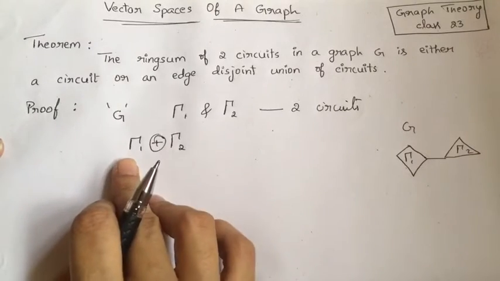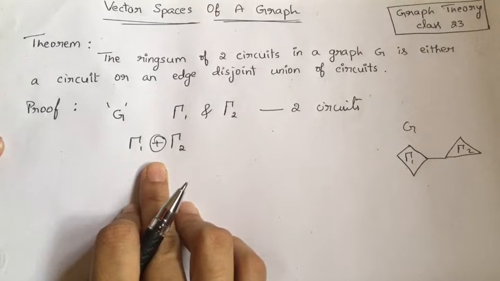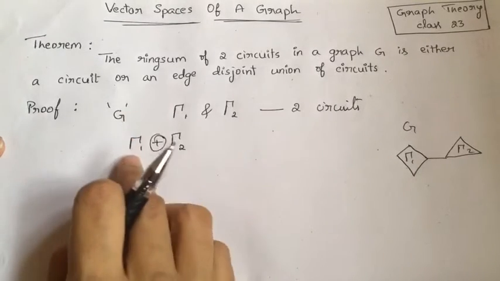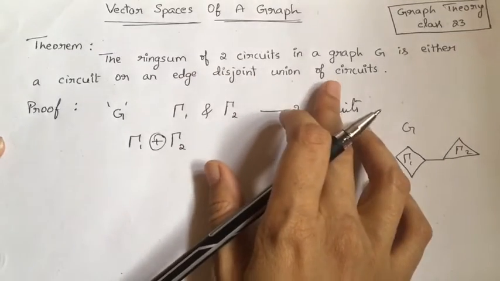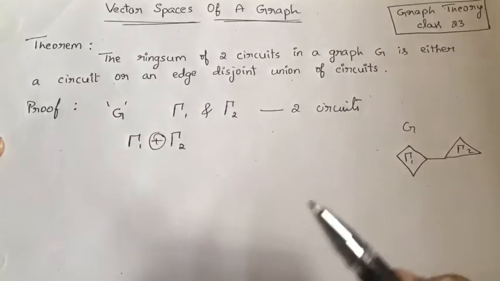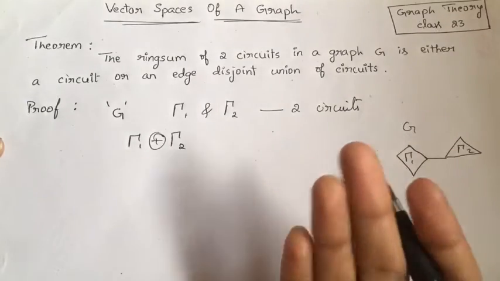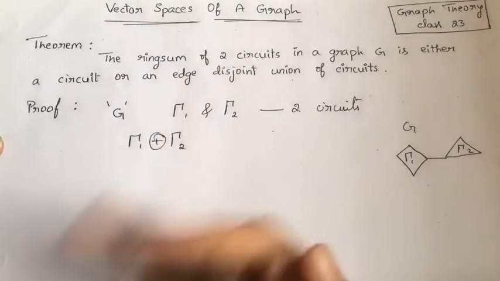But when I take their ring sum, it will be a disconnected graph. So I can say gamma 1 ring sum gamma 2 is an edge disjoint union of circuits. If they have some vertices or edges in common, then the result is different.